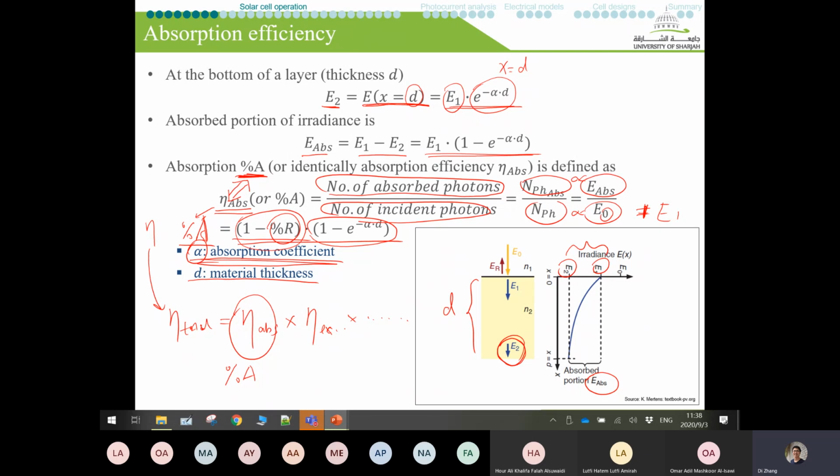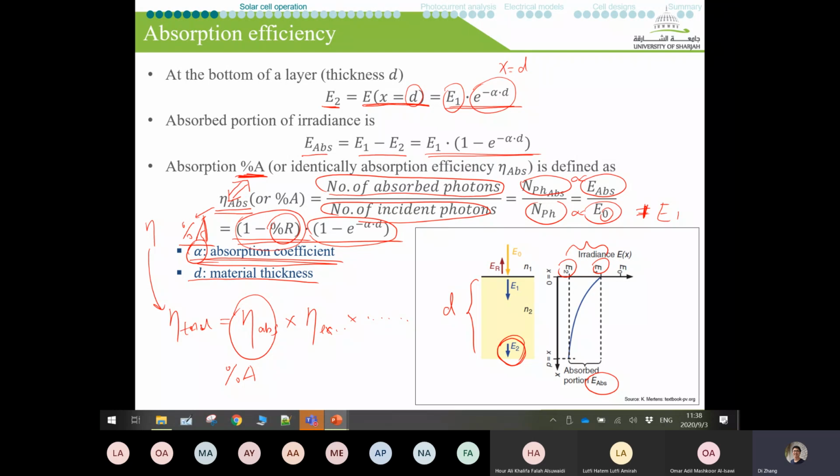If we are designing a silicon solar cell, depending on whether it's monocrystalline or multicrystalline, you can find the absorption coefficient. It's usually a constant for a given wavelength. Then if you have your solar cell thickness, you can combine the two and predict how much light will be absorbed.